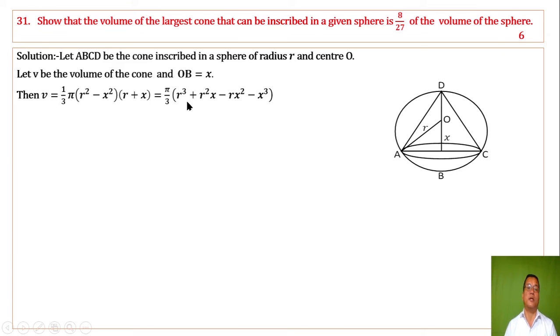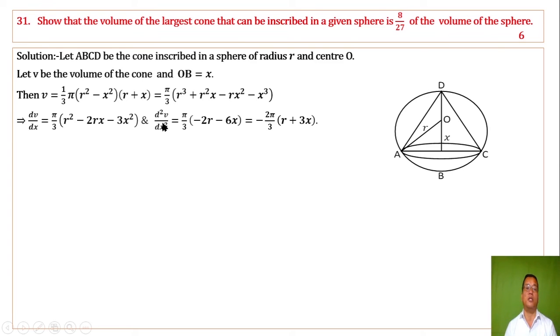which is r plus x. Expand. Taking the derivative with respect to x, we have dV by dx. Its derivative is this, and taking the derivative again with respect to x, we get d square V by dx square equal to this. For maxima or minima, dV by dx equals 0, we have a quadratic equation in x.